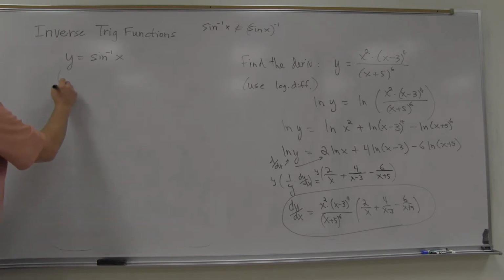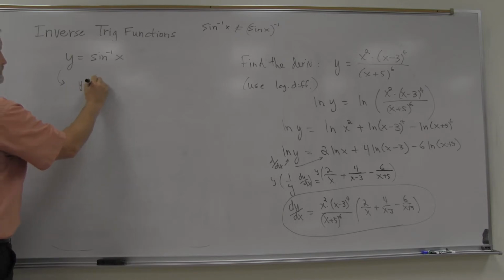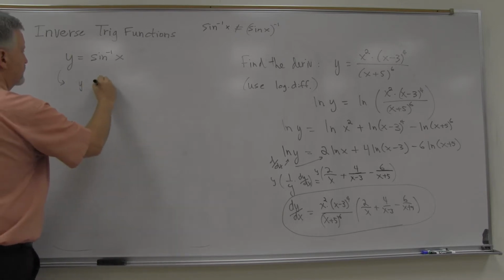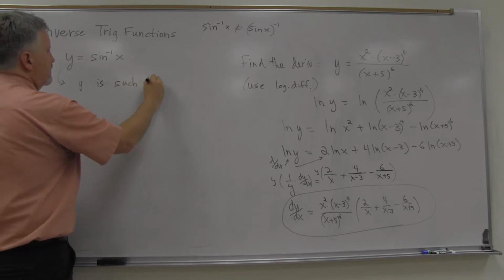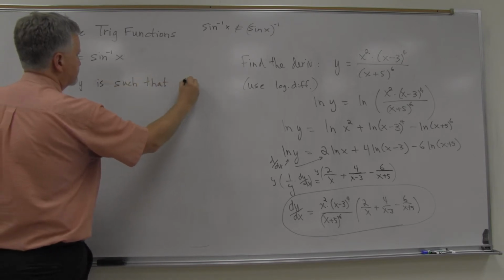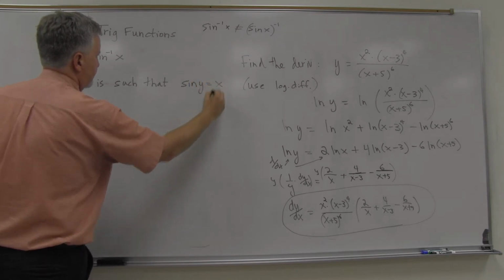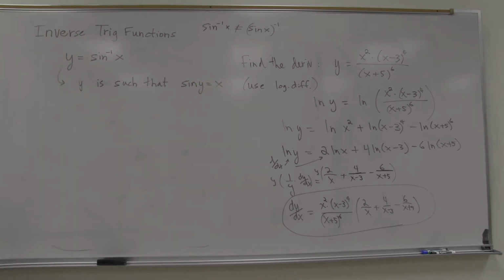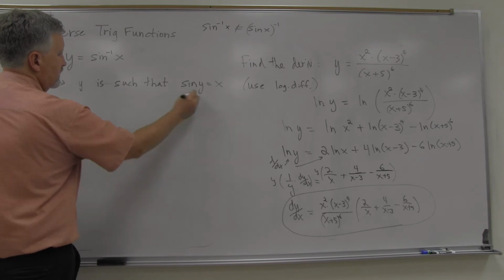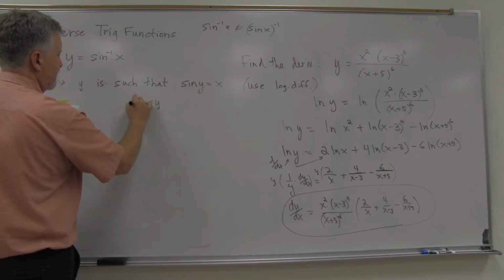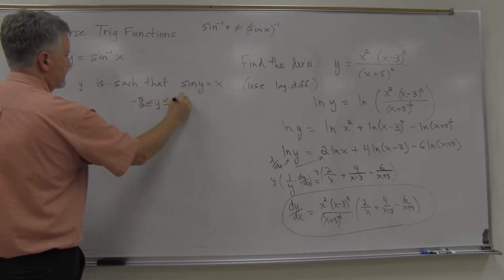What we're looking for here, the y is such that the sine of y equals x. And then you have to specify here that the y value is between negative pi over 2 and pi over 2.